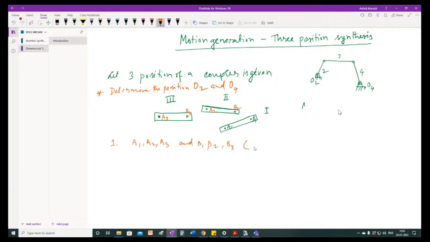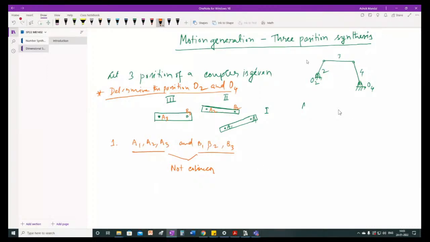We are assuming that these points are not collinear. If they are collinear, then some kind of problem is there. Our aim is to determine the position of O2 and O4. How to find out O2 and O4?